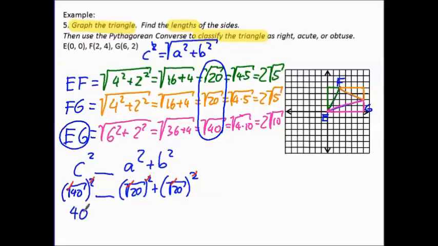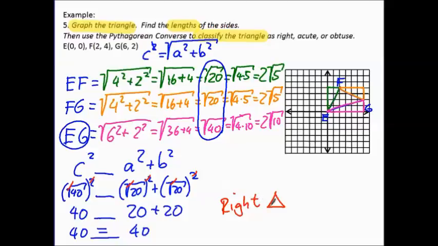So we are saying 40, and here we got 20 plus 20, which is 40. So 40 is indeed equal to 40, and that allows us to say that the triangle that we graphed is actually a right triangle. Phew!